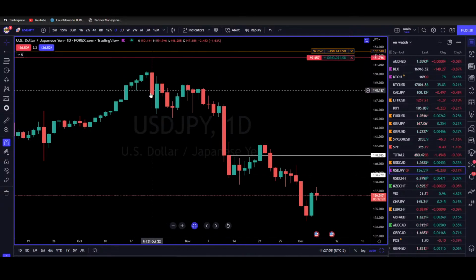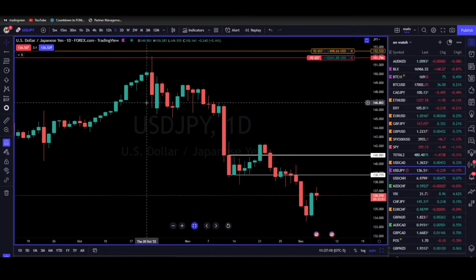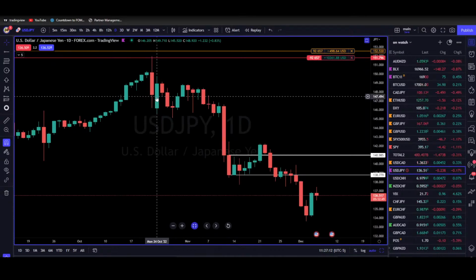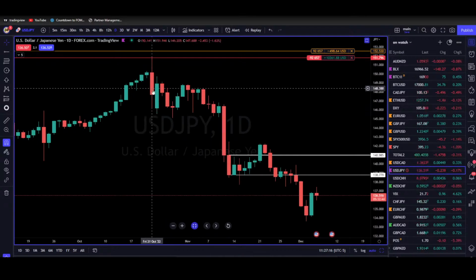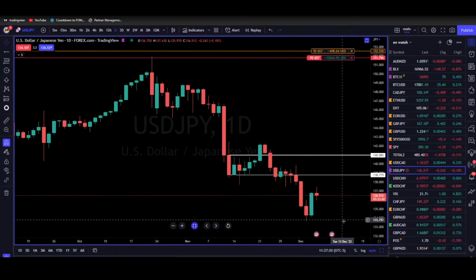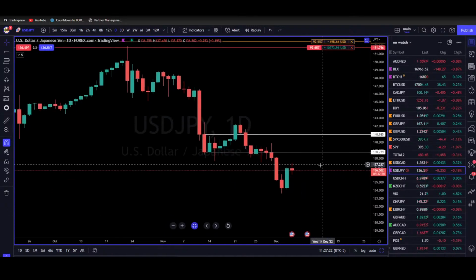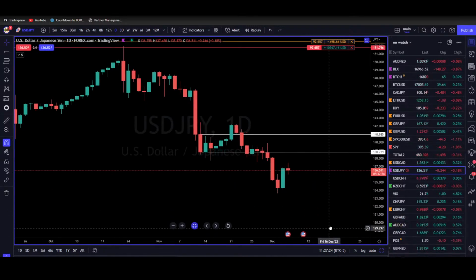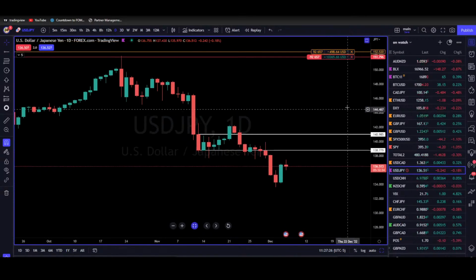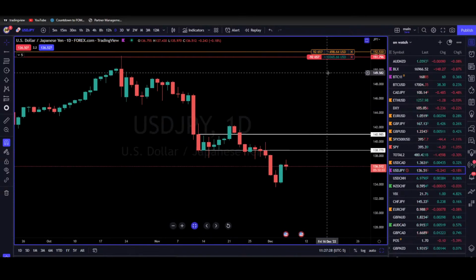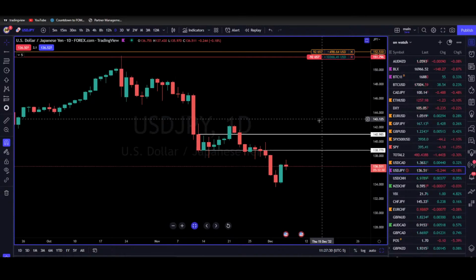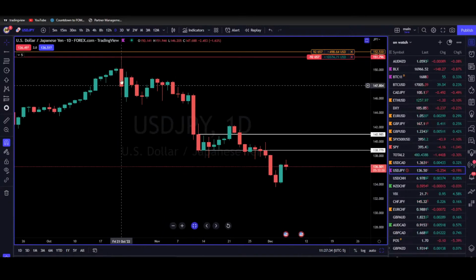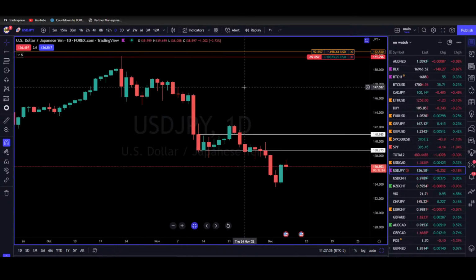So on this day right there, I closed that out and made a grand total of about 13.5. If this continues to go lower and lower for months and years, I'm not saying it's going to, but this trade will end up paying me far more than the original first trade. Far more.